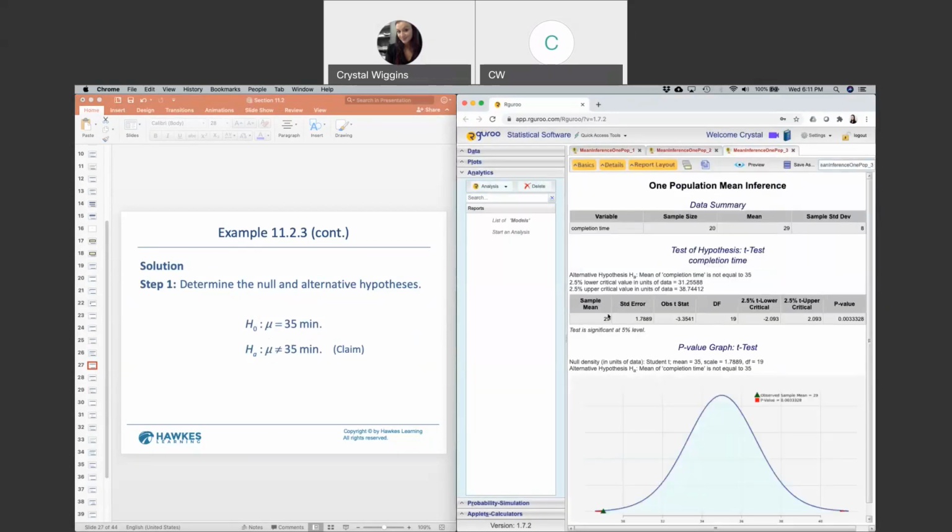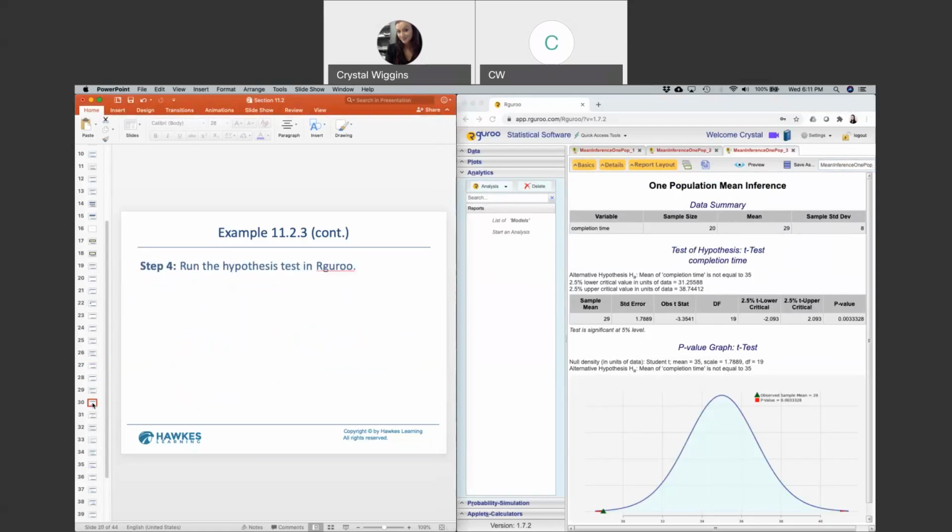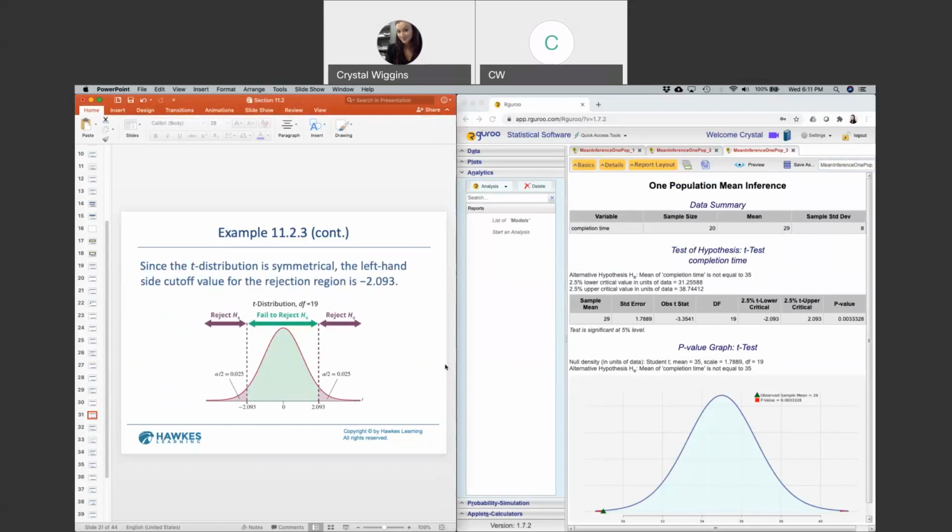So here we have, again, we can look at the critical values method, or we can look at a p-value. We are looking at a two-tailed test. It's two-tailed because the alternative hypothesis is not pointing in a specific direction. So we have our critical values of negative 2.093 and positive 2.093 as seen in this picture.